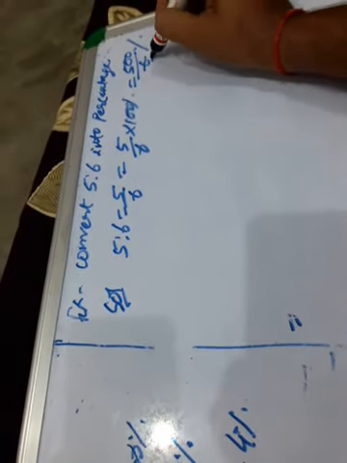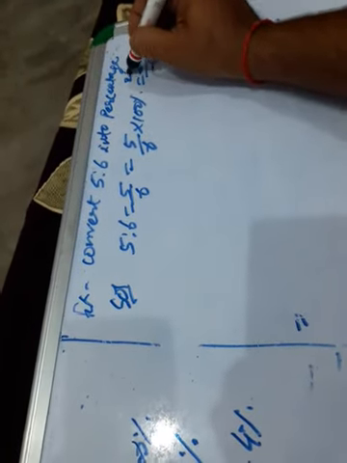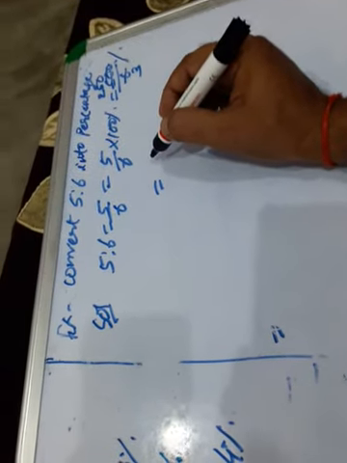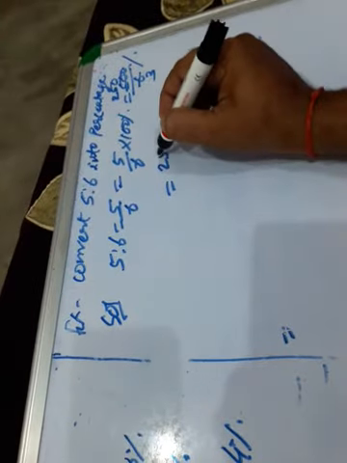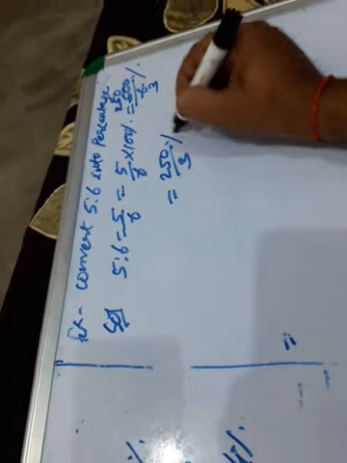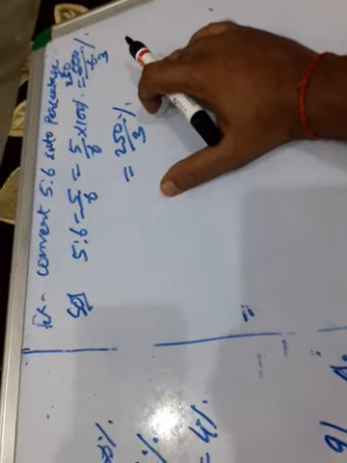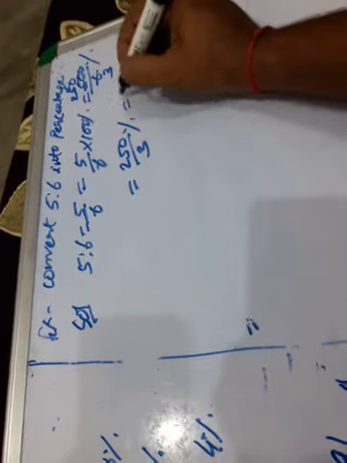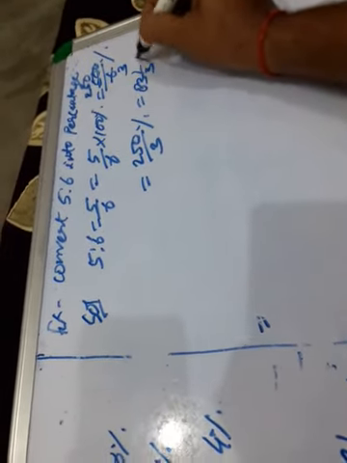Now 2 3s are 6, 2 2s are 4, 2 5s are 10, and 2 0s are 0, so this is 250 upon 3%. 250 upon 3 is an improper fraction. When you convert it into a mixed number by dividing 250 by 3, it is equal to 83 and 1 upon 3%.